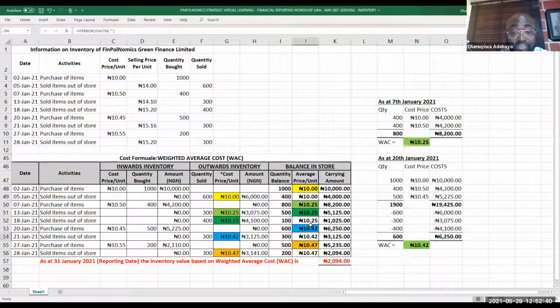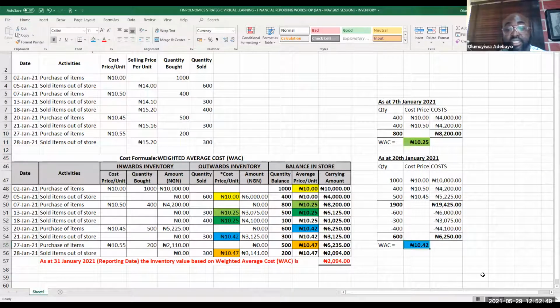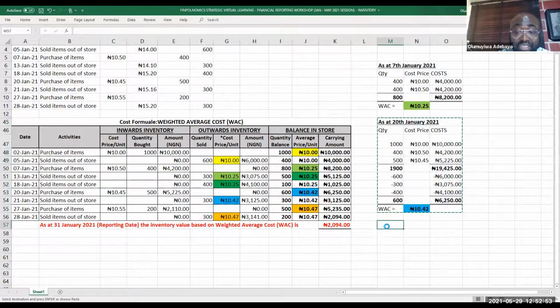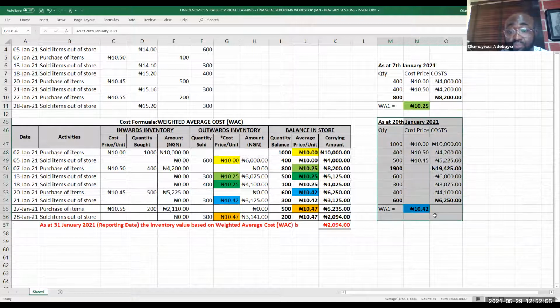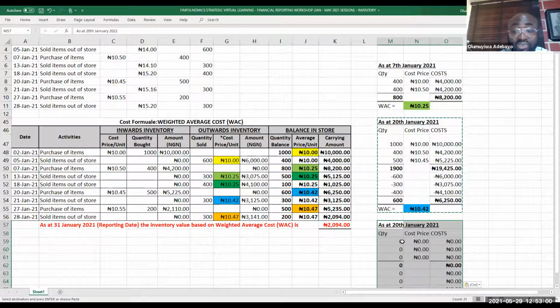That is this 10.42. Which means instead of repeating these processes, which I'll repeat for the final one, the final one was on the 27th.